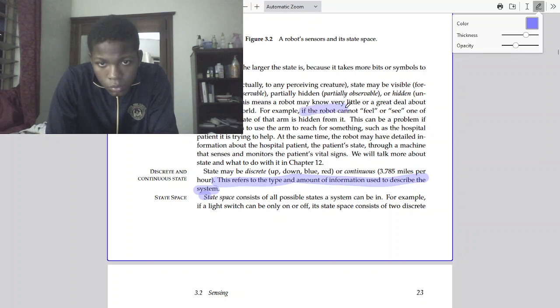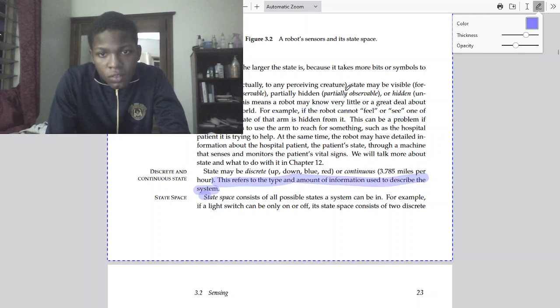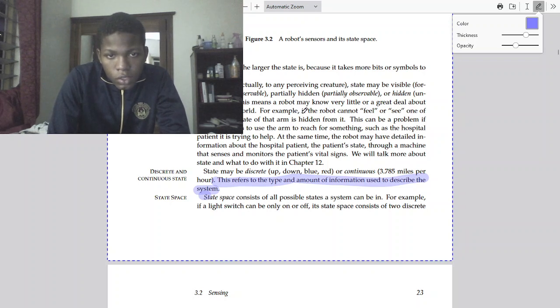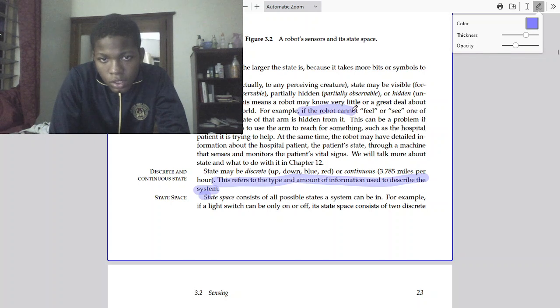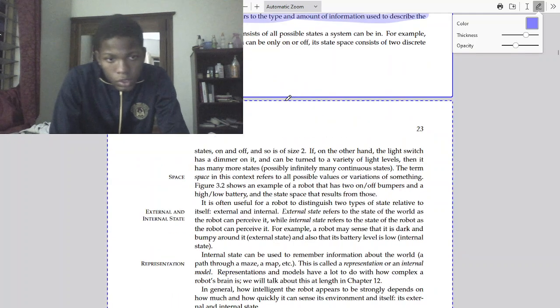Alright, so if a robot cannot feel or see one of its arms, the state of the arm is hidden from it.